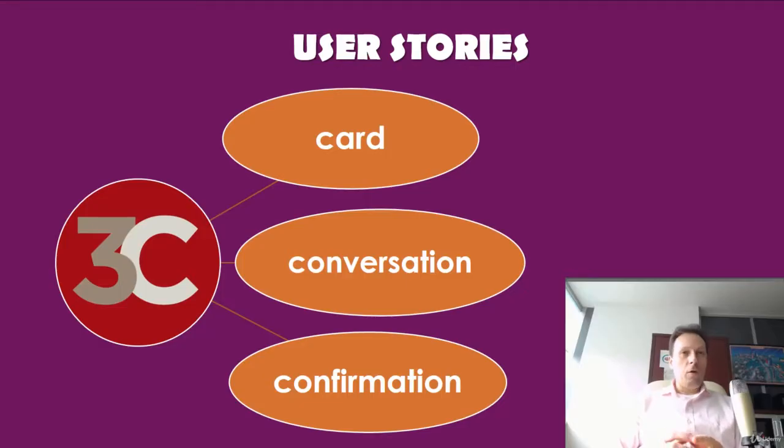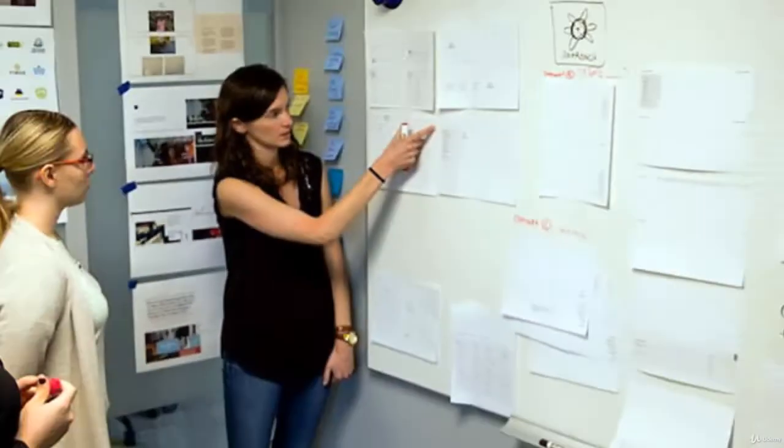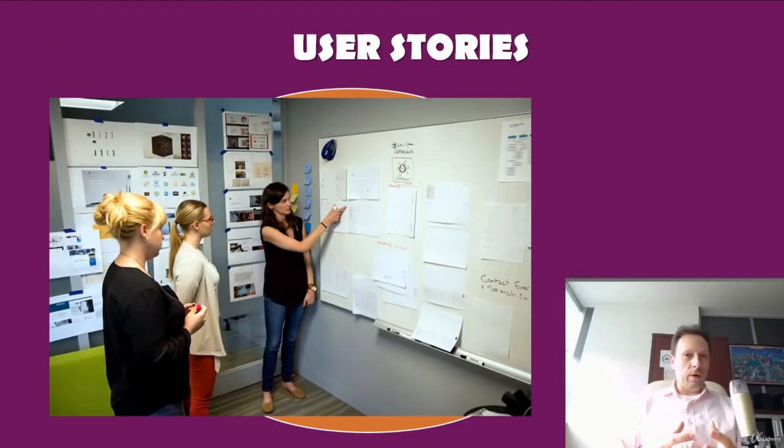The second C of user story represents conversation. With the agile ways of working in general, and user stories in particular, the idea is to rely on discussion to get a common understanding and not on documentation. So the card and user stories were a reminder to have a conversation about the story.